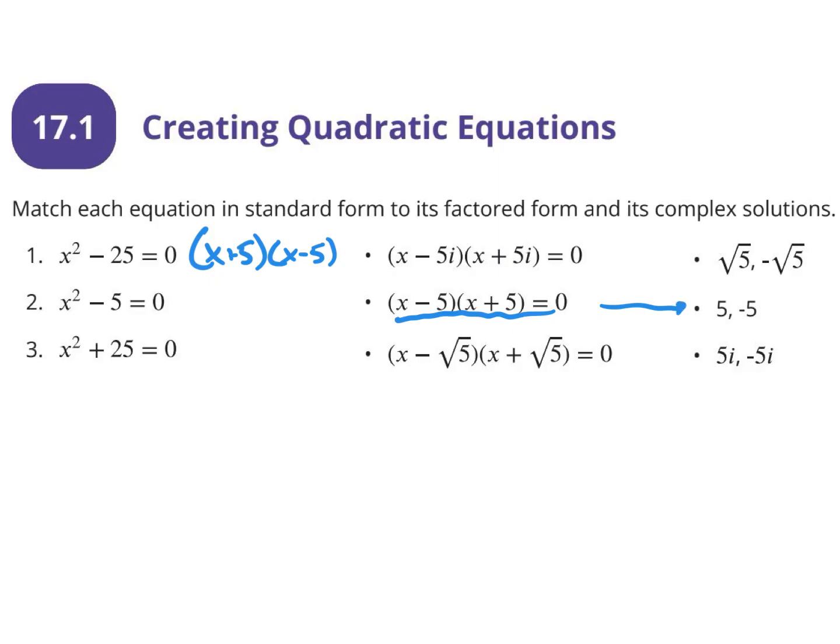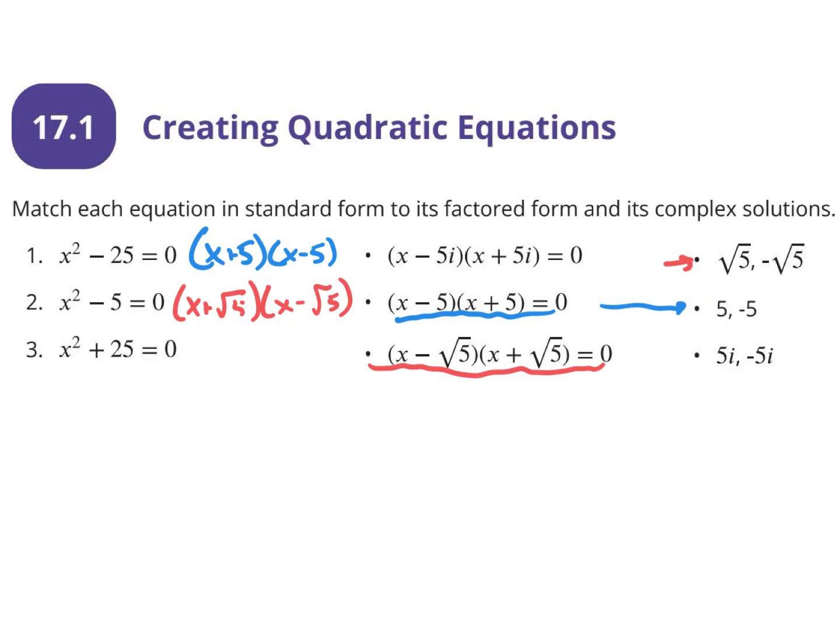Okay. X squared minus 5 is a difference of squares again, but this is x plus root 5 and x minus root 5. So 2 goes with this one, and our roots are this.